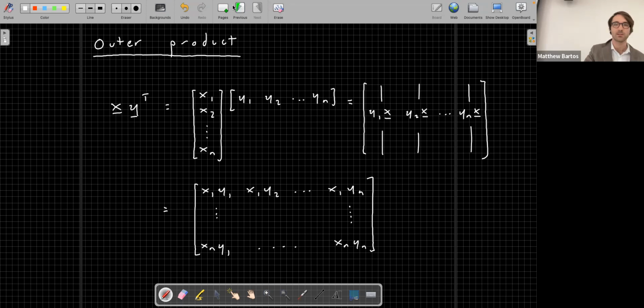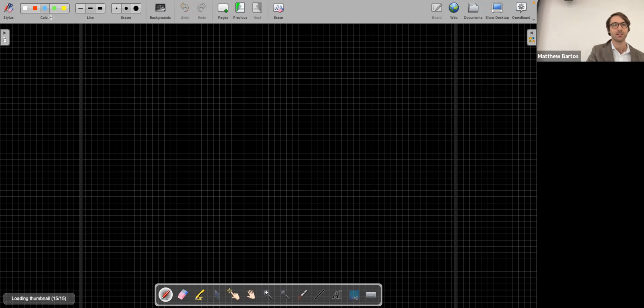Let's go through a quick example. I think this one is helpful to look at with a concrete example. We're going to take our same two vectors from before. We have x equal to (-1, 3, 2), and y transpose equal to (0, 4, 5).